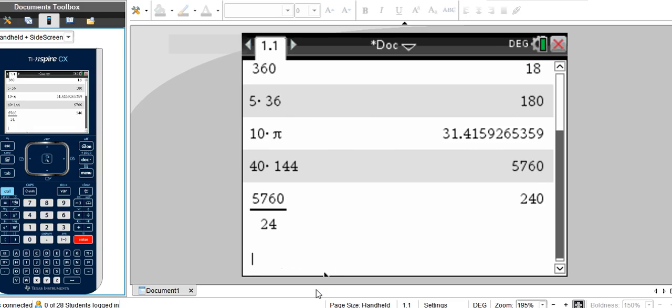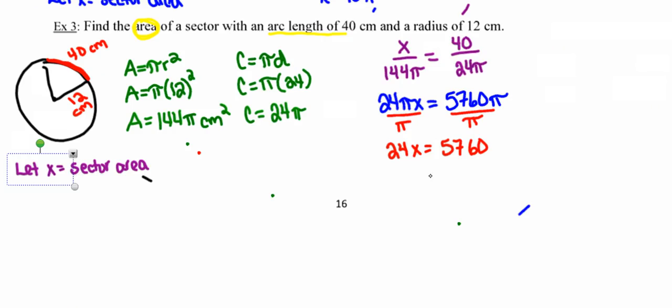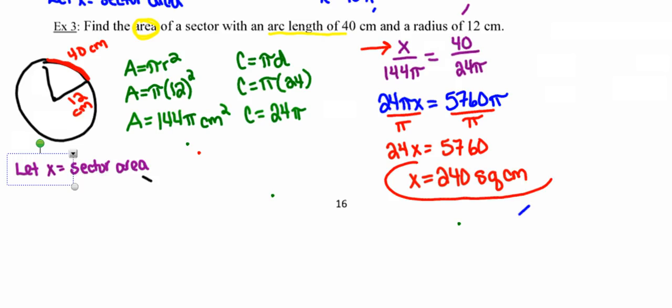So 240 square centimeters. And again, I'm going to remember here what I was looking for. I was looking for area, and that's how I know the measurements are going to be in squared units.